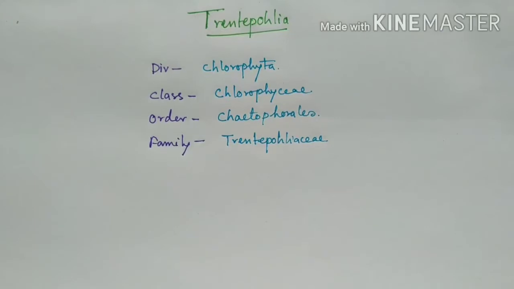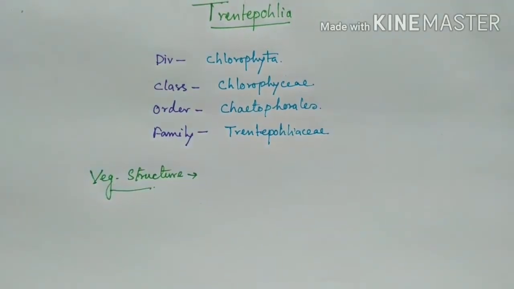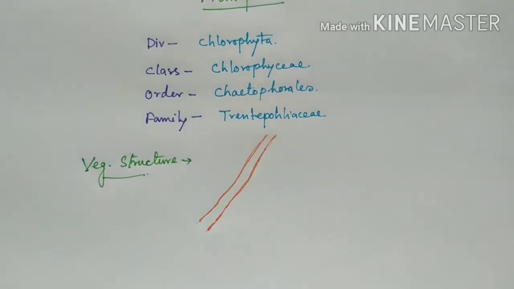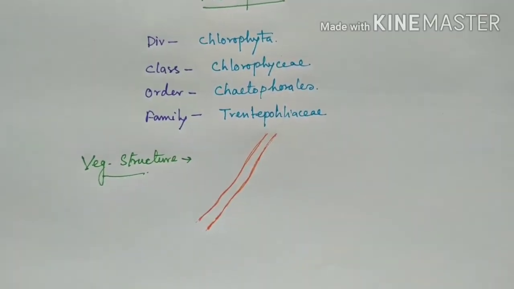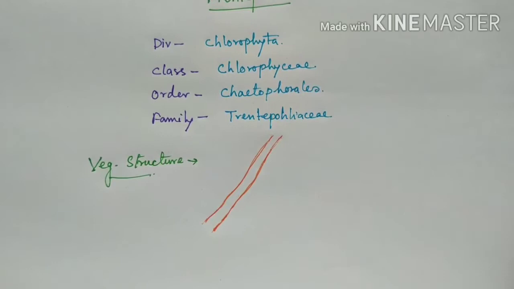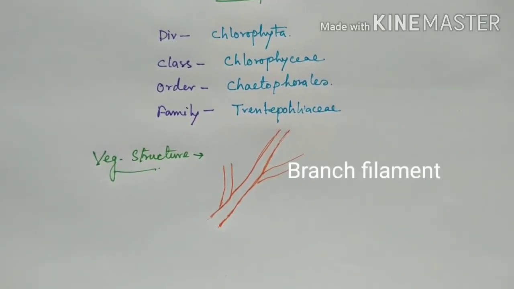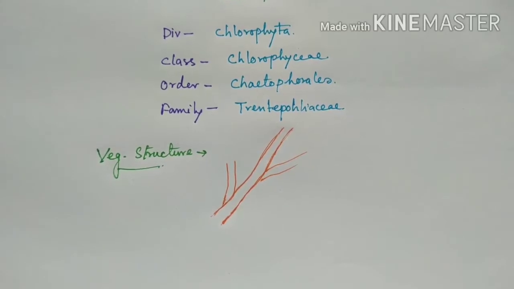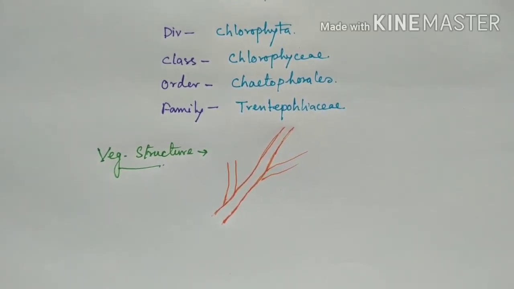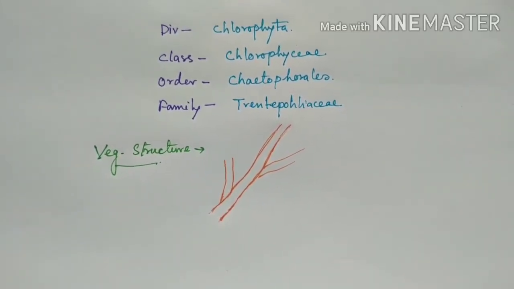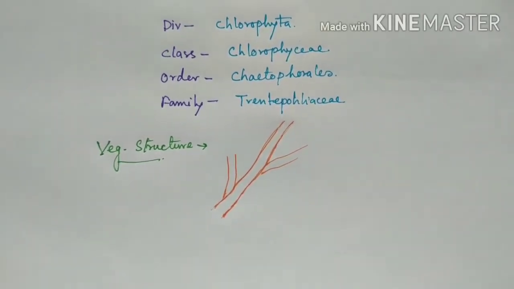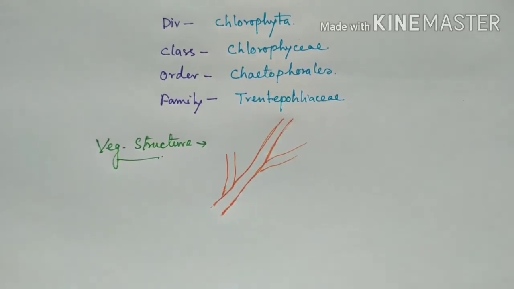Now about vegetative structure. We know that Trentepohlia is a filamentous branched algae. Actually this is showing a heterotrichous thallus type.